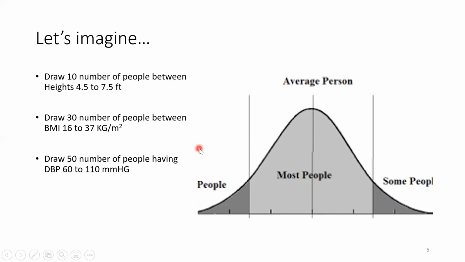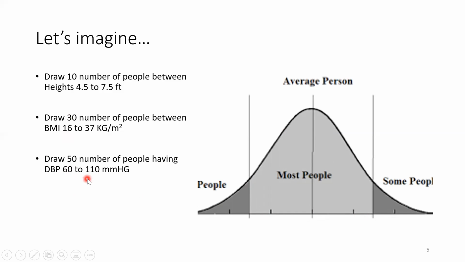If I am talking about height, you can imagine, let's suppose 4.5 is here and 7.5 is the extreme side, but most people would lie between 5 to 6 feet. Similarly, if I'm talking about BMI, let's say 16 is here and 37 is here, so you may imagine that most people will lie between 20 and, let's suppose, 30 BMI.